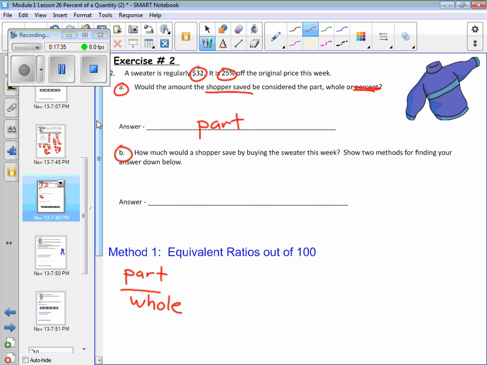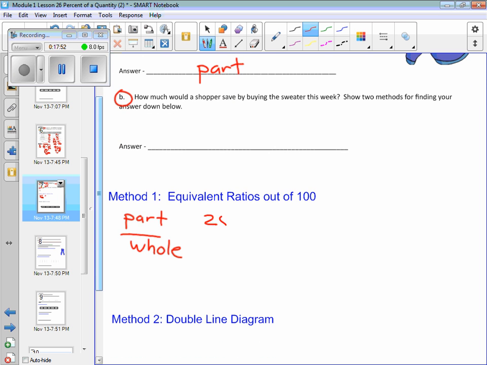We have a percent. What does it become as a ratio? That you've got to be able to do at this point. You've got to be able to take your 25% and know what ratio that is without even thinking. Lissa. You got it. 25 being my part, 100 being my whole.